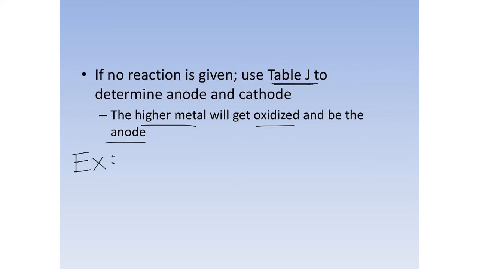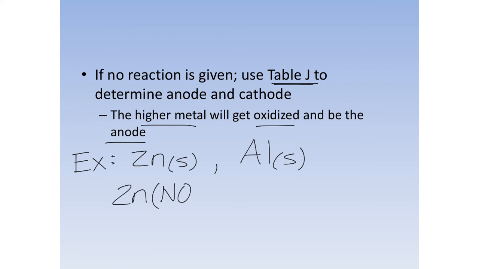So for example, let's say that we were given some different materials. So we were given zinc metal, aluminum metal, then we were given zinc and aluminum solutions. So let's say we had zinc nitrate as one of our solutions. So that would be aqueous.